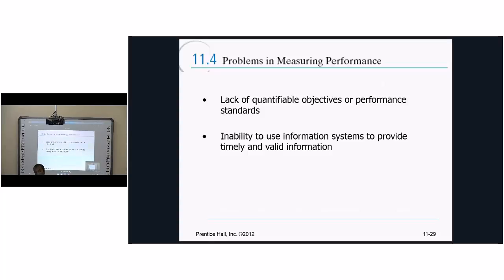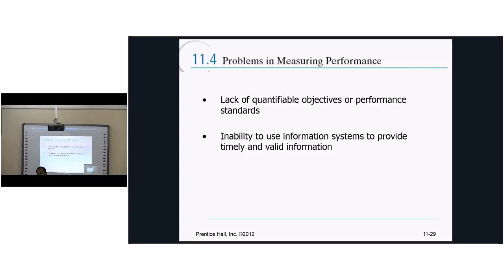And most organizations, at the implementation of the ERP or the information system, fail to define what exactly they need for performance measurement. As a result, once you implement the ERP, it is difficult to get the information you want to run the business or to measure the performance.